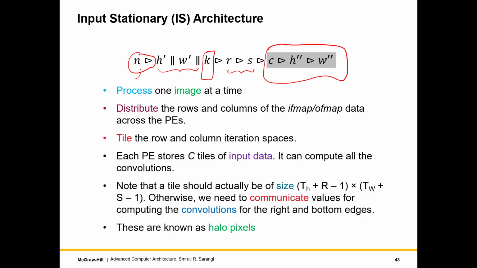So you process one image at a time. We are clearly distributing the tiles across the PEs. So as far as the PE is concerned, this part is what is sequential, right? Here we are looking at one output channel at a time and sending the filter weights. So what is it that we have cached? We basically have the contents of the input tile for all the channels.